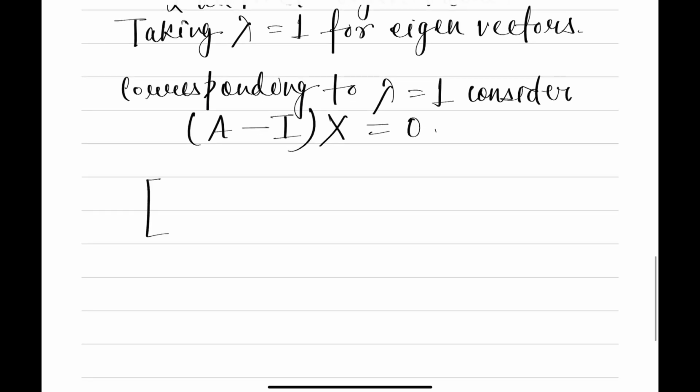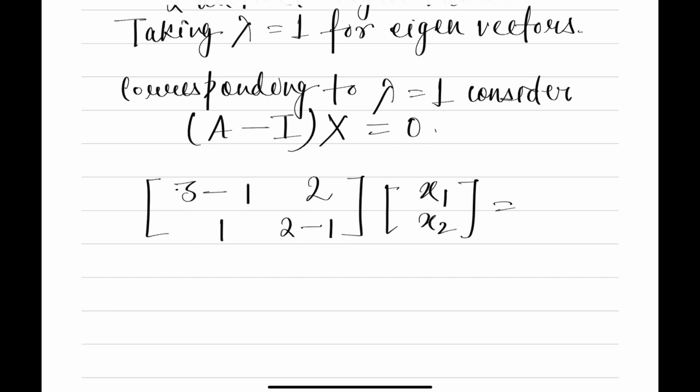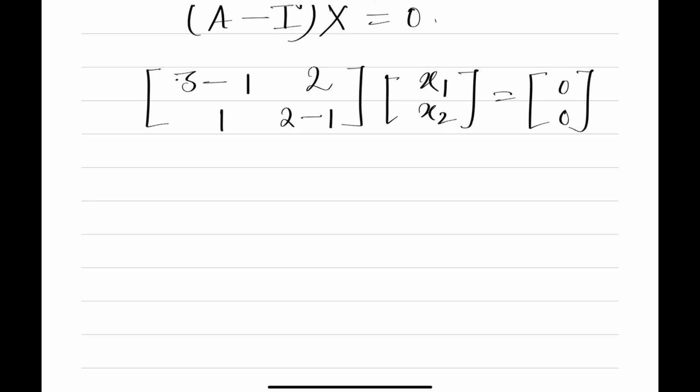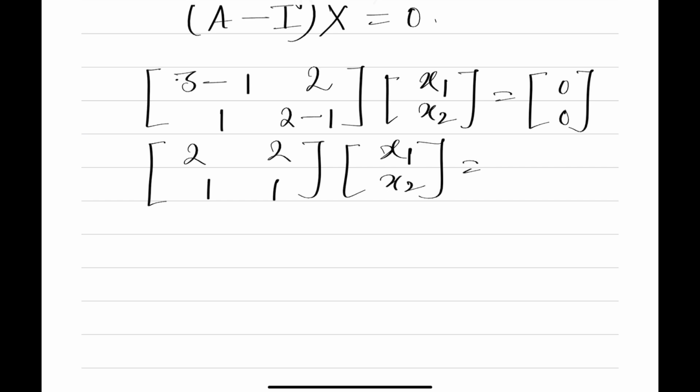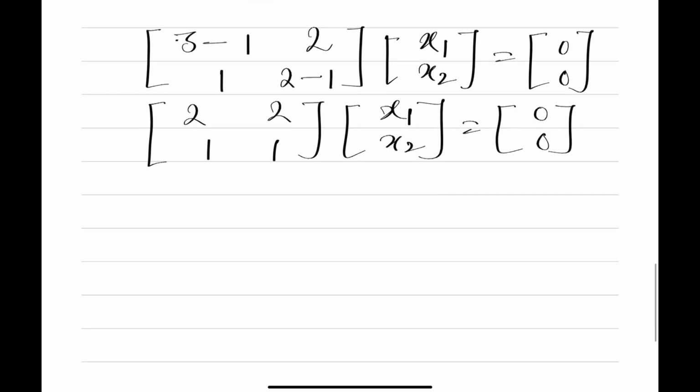Then the matrix will become [3 minus 1, 2; 1, 2 minus 1], which is [2 2; 1 1], times [x1; x2] equals [0; 0].